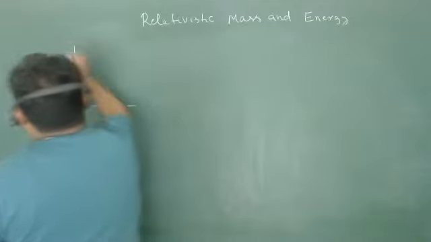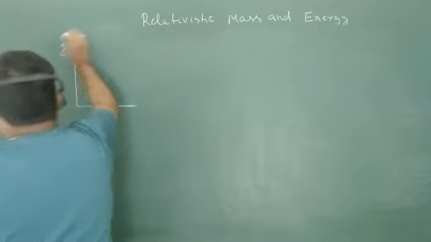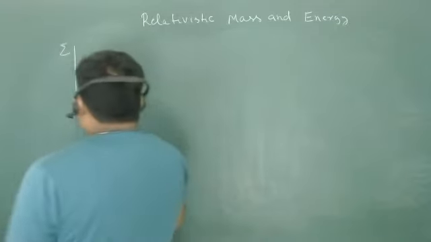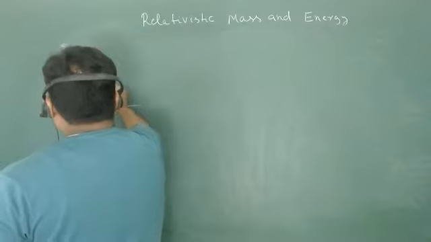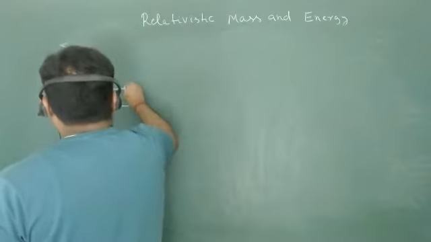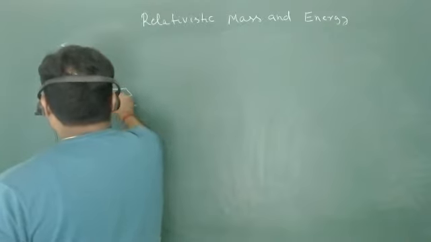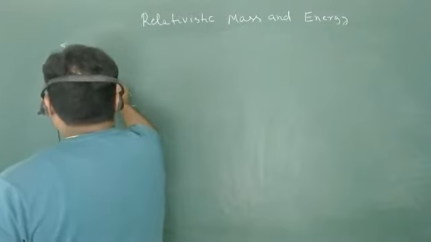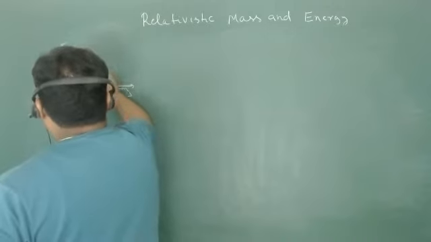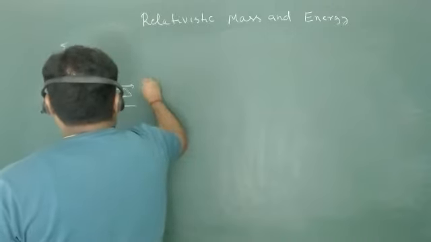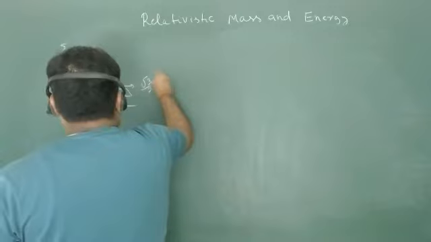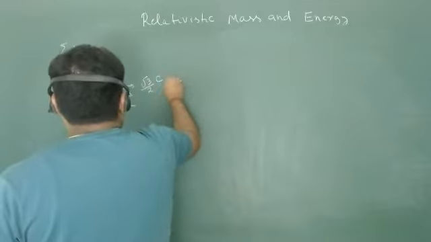Suppose this is Earth. Let's say this Earth is denoted by sigma. On this Earth, let's say this is a car, and this car is moving with the speed √3/2 c in i cap direction.